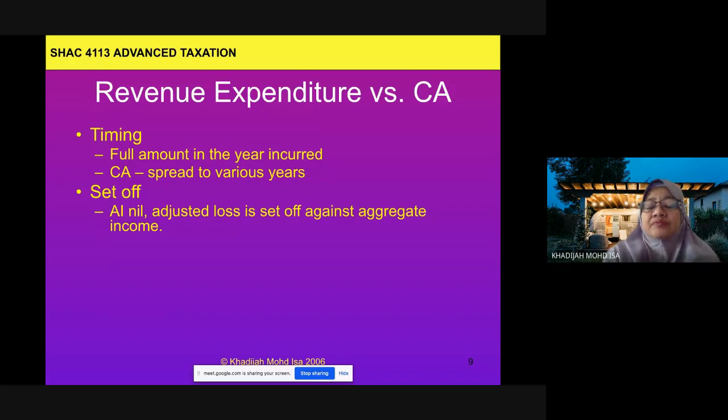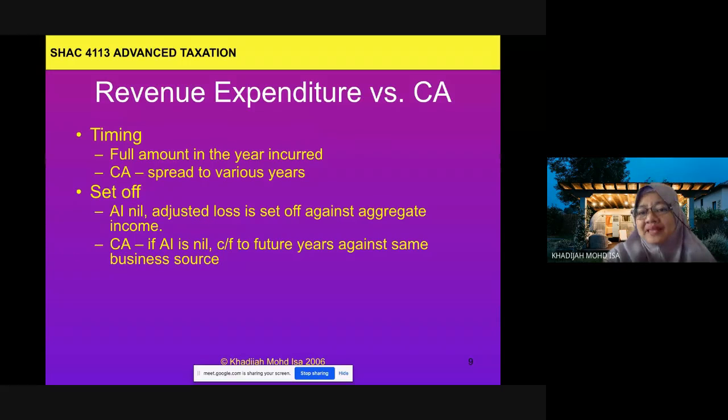But if it's a capital allowance, remember that whatever CA is available for the year, for example, if your adjusted income is nil, even though you do have your CA, you're not going to utilize your CA for the year.